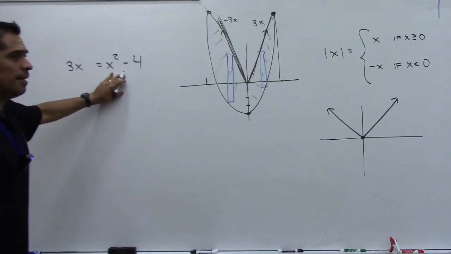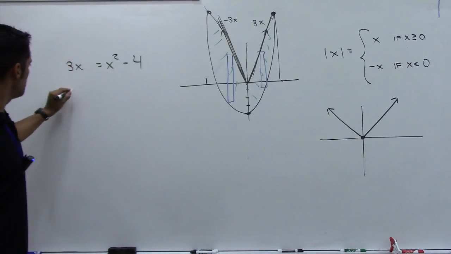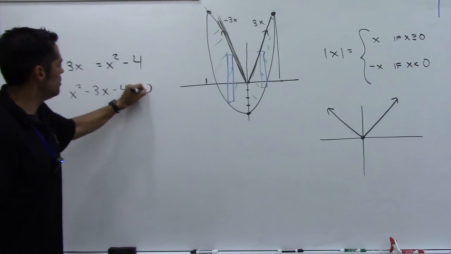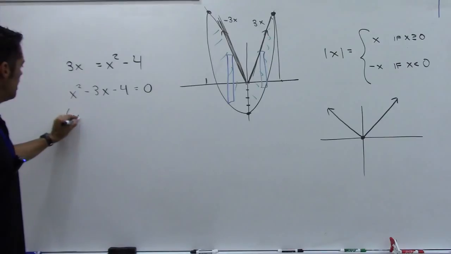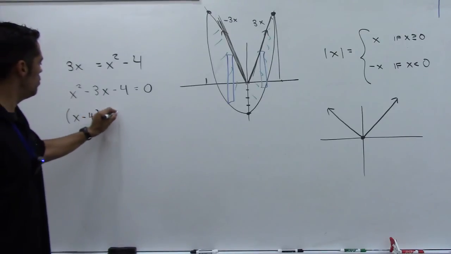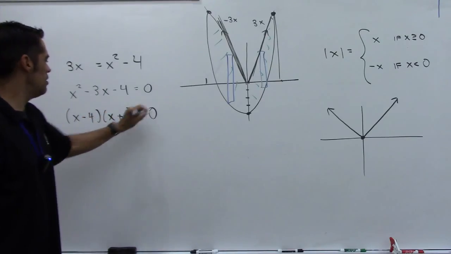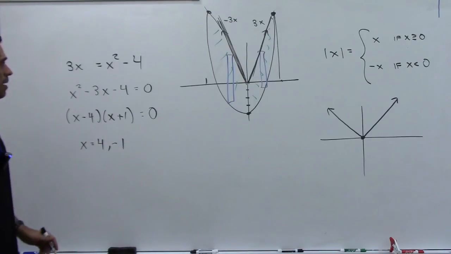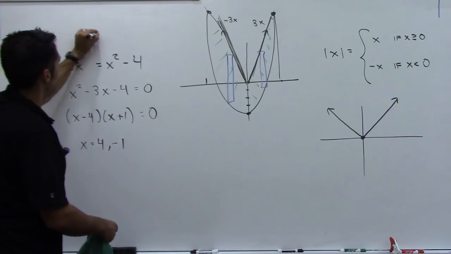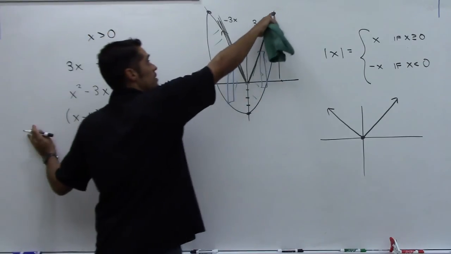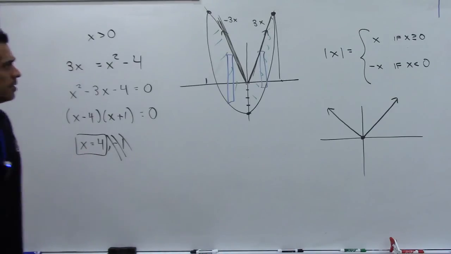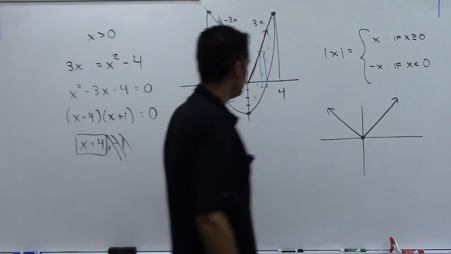I'm going to just solve this quadratic: x squared minus 3x minus 4 equals 0. Then I factor: x minus 4, x plus 1 equals 0, and I get x equals 4 and -1. Remember, I was assuming the x value was greater than 0, so the answer cannot be -1. It's got to be 4. So these are hitting each other at 4.